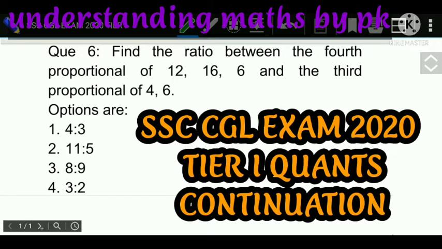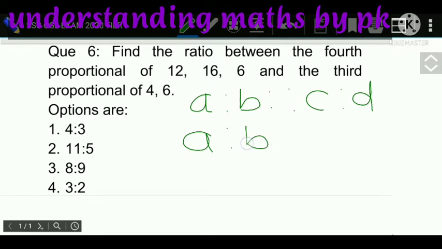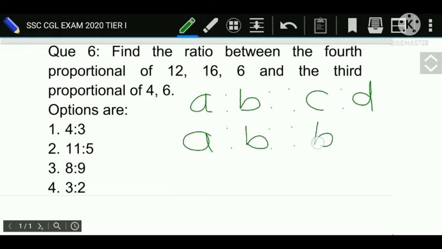So here we are learning about the fourth proportional. If A ratio B equals C ratio T, then T is called the fourth proportional, and in the case of A ratio B equals B ratio C, C is called the third proportional.